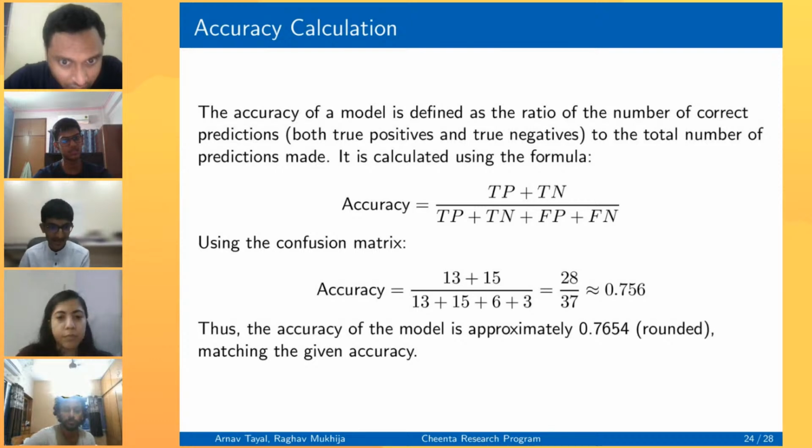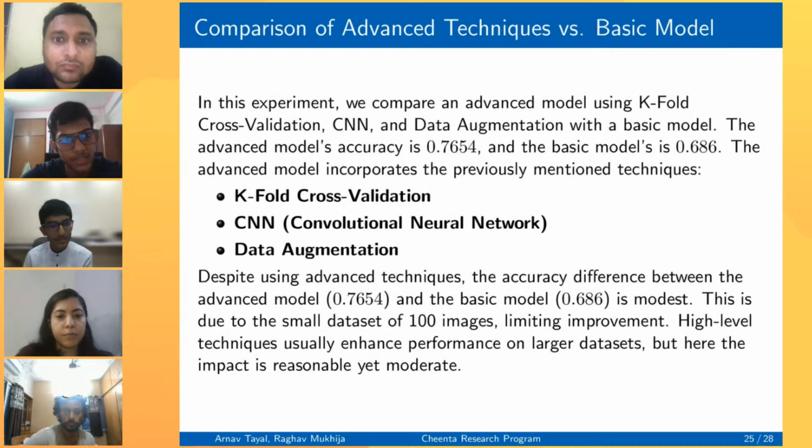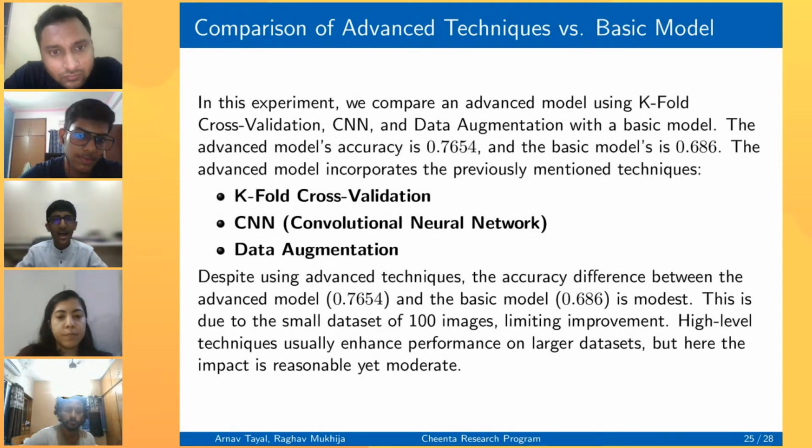So next slide. It is quite reasonable for now because we used so many complex techniques such as CNN, k-fold cross-validation, and data augmentation on such a small data set of just 100 images, and still it has given us a value of 0.76 compared to a basic model without all of these techniques at 0.68 or 68%.